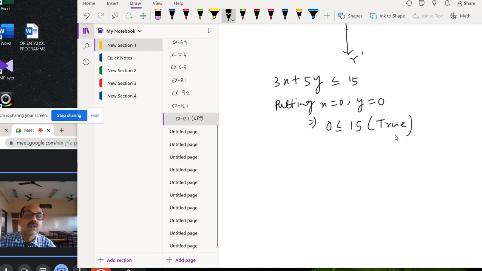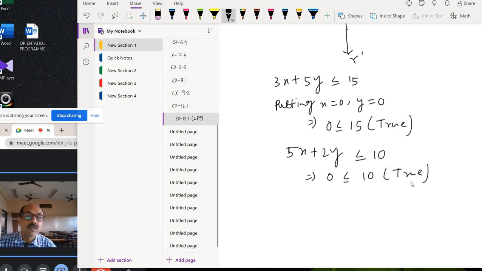Now the other equation, 5x + 2y ≤ 10, putting 0, 0 we get 0 ≤ 10. So this is also true.